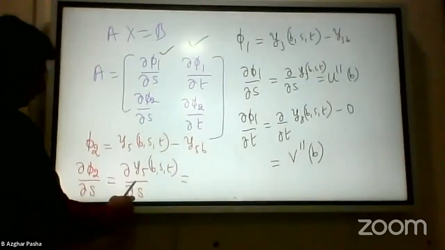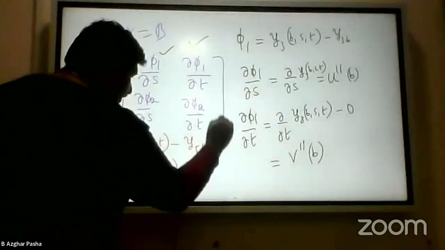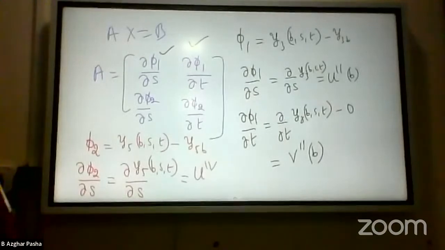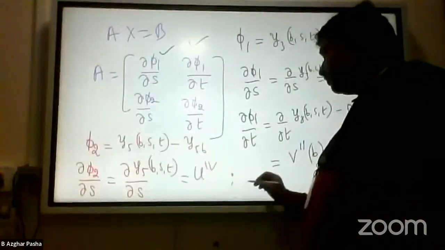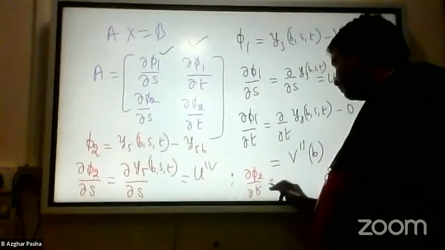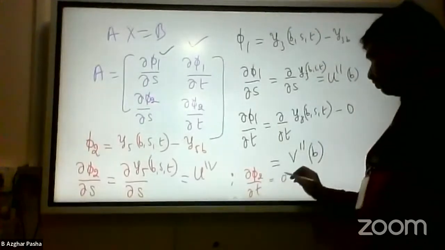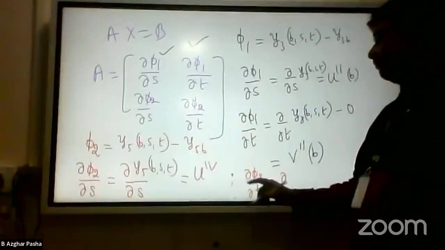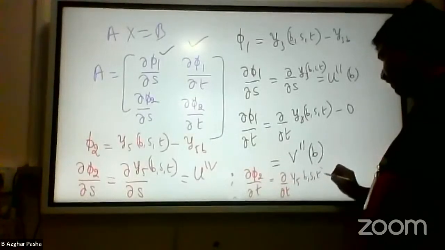With respect to s, I am differentiating, so it is related to the u fourth derivative. Next, if I differentiate phi2 with respect to t, I get ∂/∂t of y5(b, s, t).